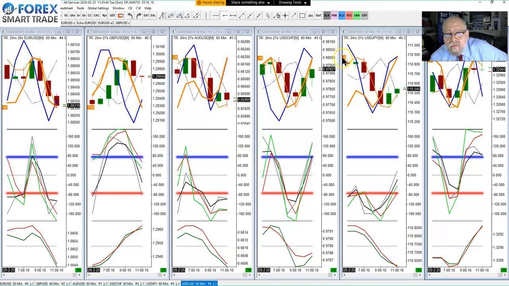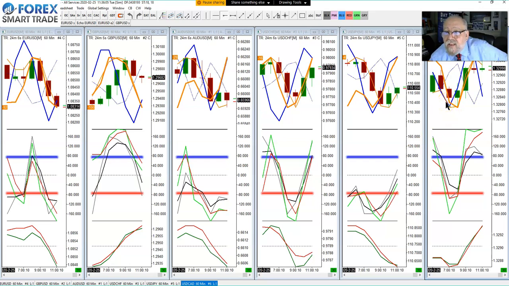Minus 4 is close enough, so we have part 1 of the signal. Let's go down and look at our majors and minors. They're still in the channel, and they're not overbought. I want them up, touching the bought line. So we will pass.